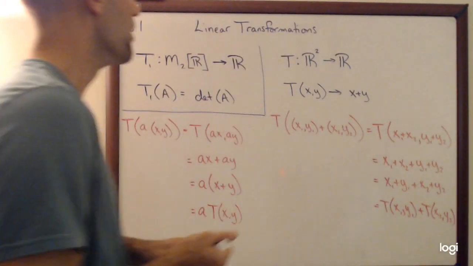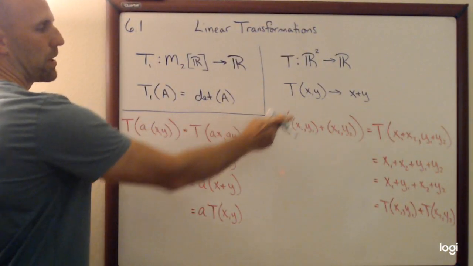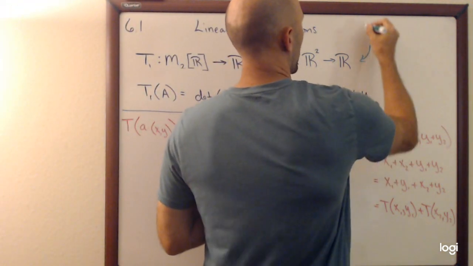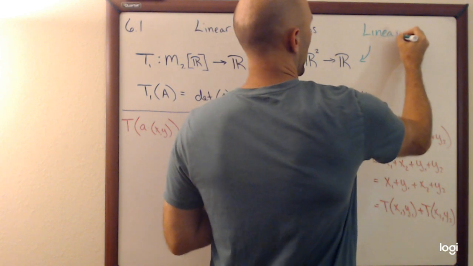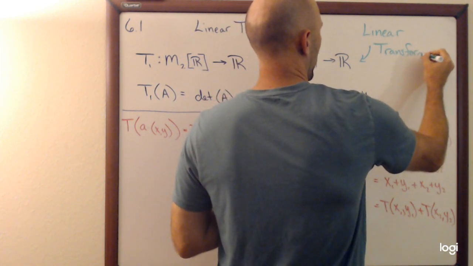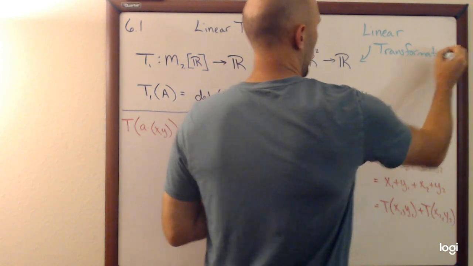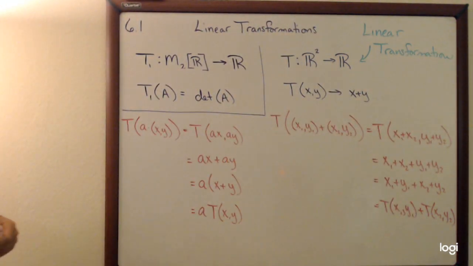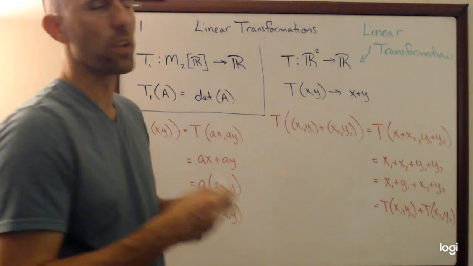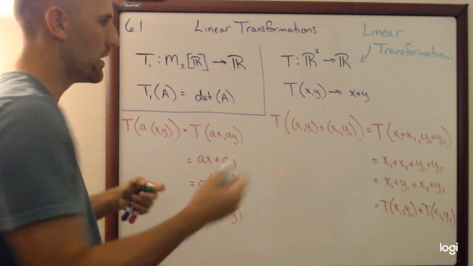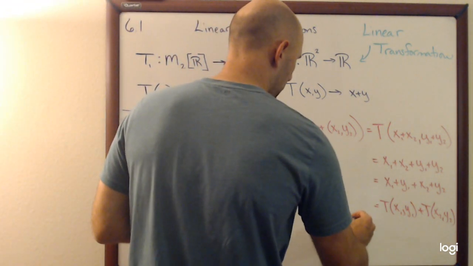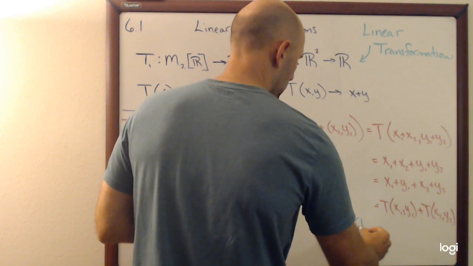Okay? This transformation here, because these two properties hold, is a linear transformation. So this is what it means to be linear. It's got two properties. Specifically, these are called the linear properties, or individually, we say that this means that it is additive, or this is additivity.